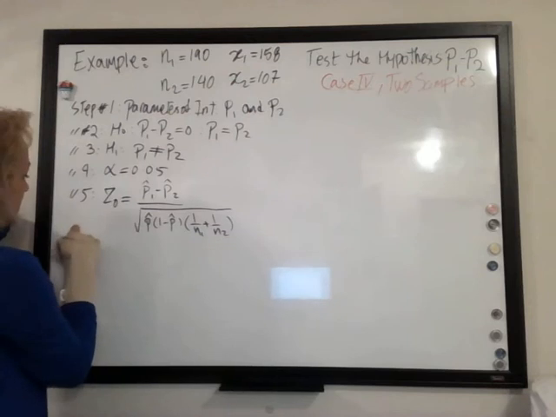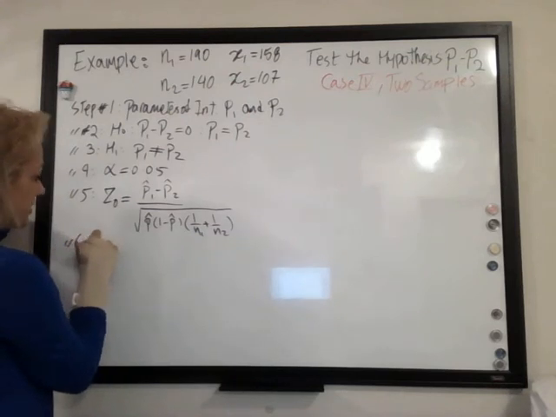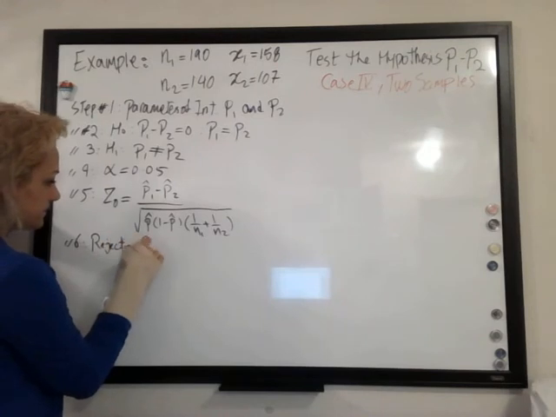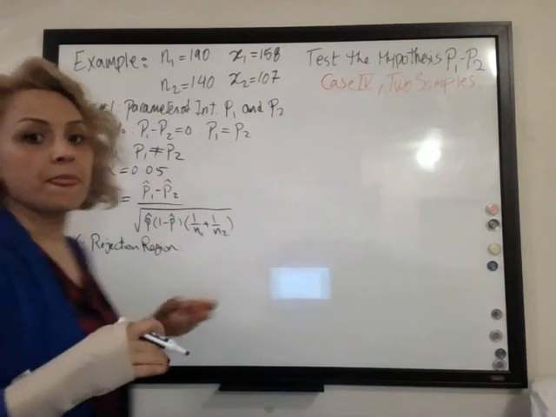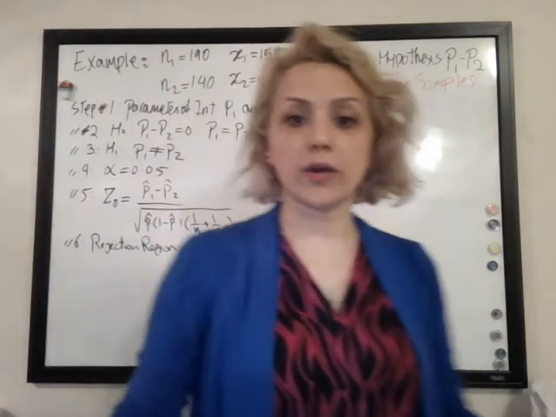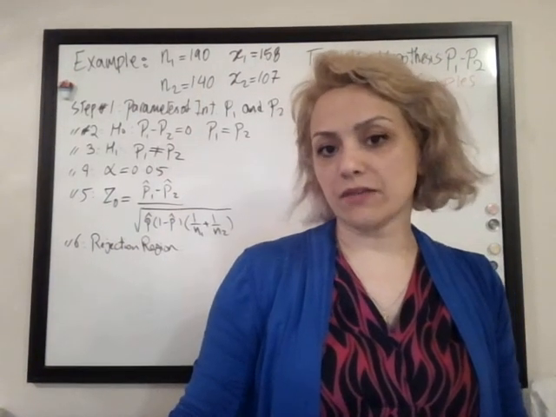And then number 6 is the rejection region. It's the same as before, it's two-sided.